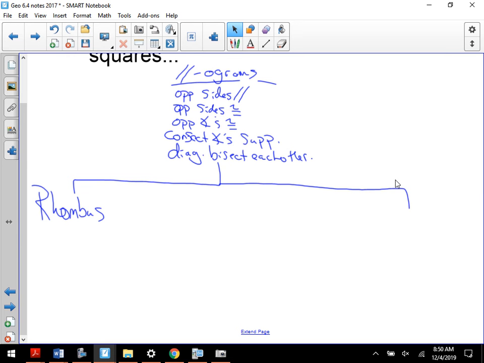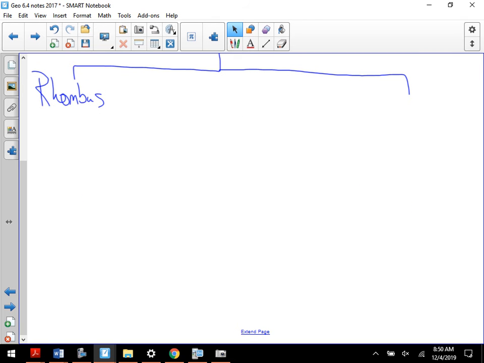The rhombus has all sides congruent. The rhombus has all four sides the same, which is what you keep thinking about in terms of the square, which the square does as well.